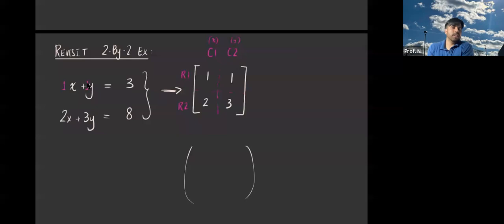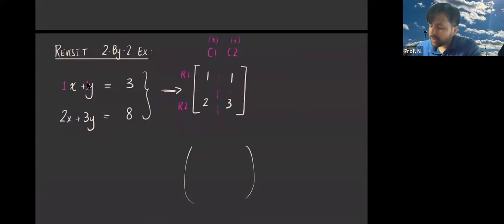So I created a matrix, and you see it's a 2x2 matrix. This phrasing becomes much more common. It's a 2x2 matrix because it's 2 rows and 2 columns, so it has a total of 4 entries. And these entries are associated with the coefficients of the first equation and the second equation. Does that make sense about matrices? Okay. So that's a matrix.